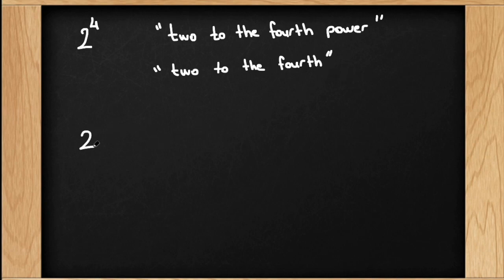For example, 2 to the 3rd will be read 2 to the 3rd power, and 2 to the 5th will be read 2 to the 5th power, or just 2 to the 5th. 10 to the 7th will be read 10 to the 7th power, or just 10 to the 7th.